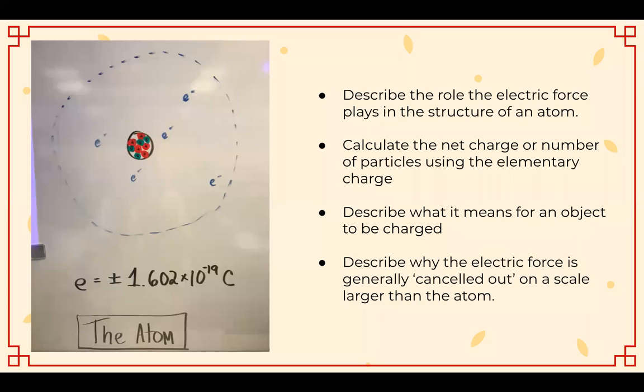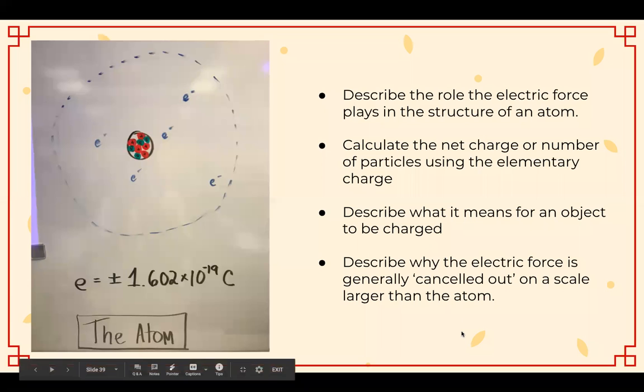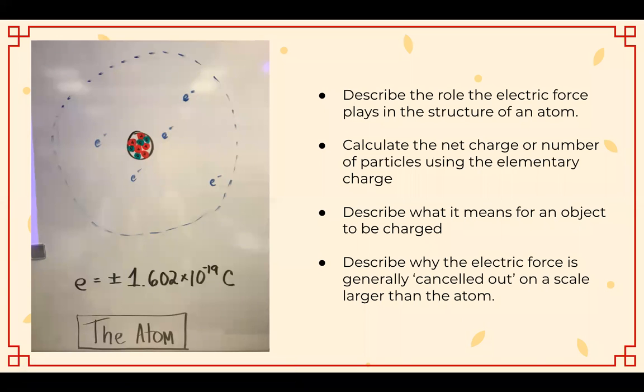We all have about the same number of protons as electrons in ourselves. So for the most part, we're going to end up being electrically neutral for macroscopic objects. The mathematical standard that you need to be able to do in this slide is be able to calculate net charge. That's like on the front page of homework 6.1.